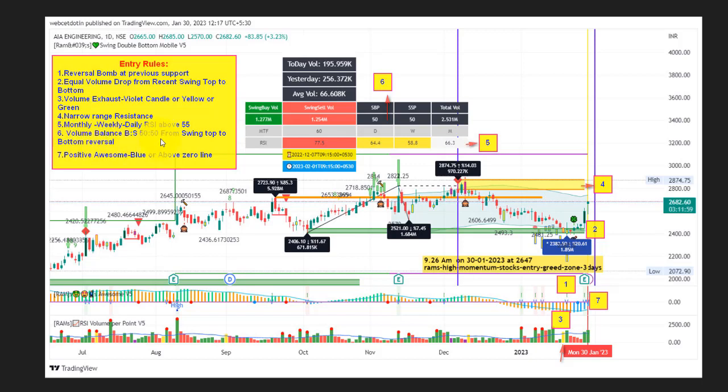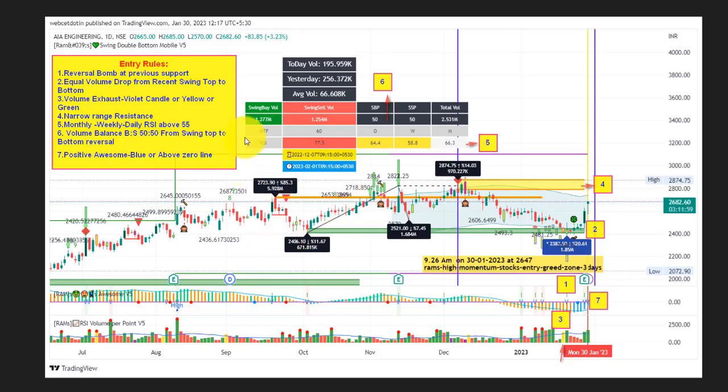Next, the volume balance between buyers and sellers should be 50% from swing top to swing bottom reversal. This is the swing top and this is the reversal. So from here to here the volume is balanced. The buyers and sellers volume is balanced. That means the number of stocks delivered to the persons who have bought.